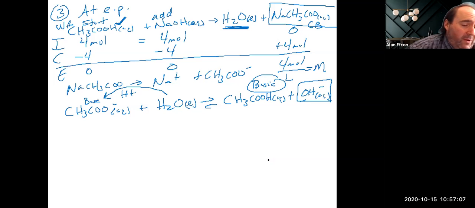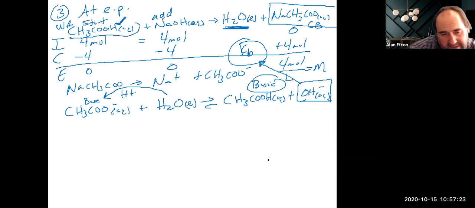I also know when I see the OH minus that in my calculations, I need a Kb value. And I say that because probably in this case, you would be given the Ka value for your acetic acid. So again, here we'll need to use that thing that we saw earlier, Kw equals Ka times Kb. So again, all these things are tying together here. So we got to use that to get the right value.